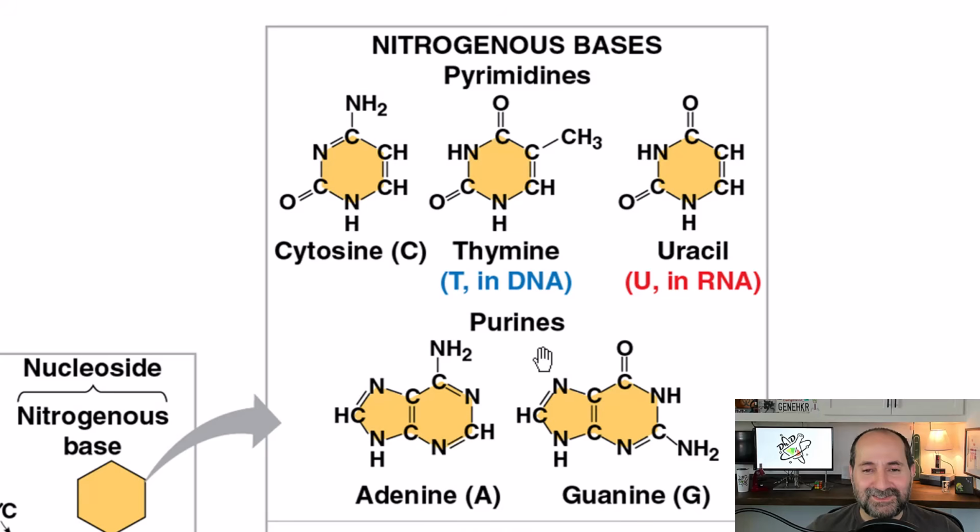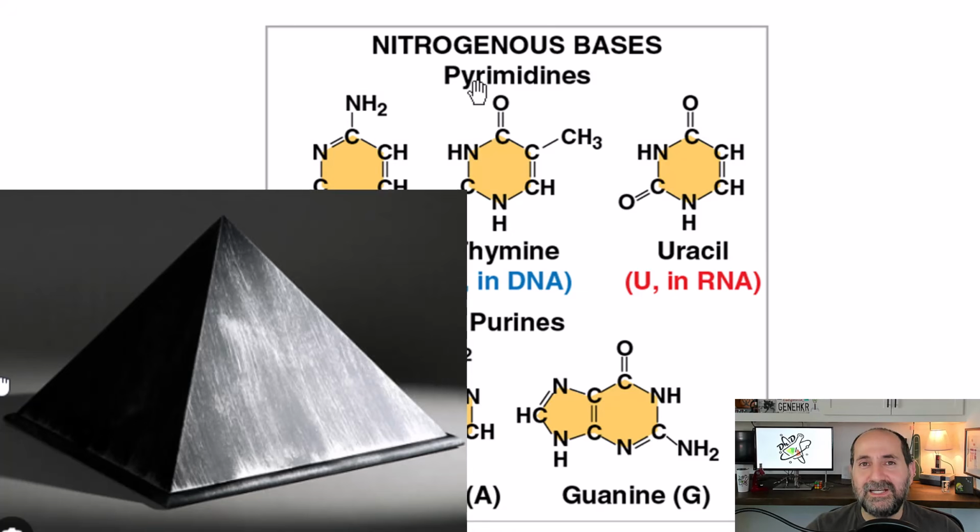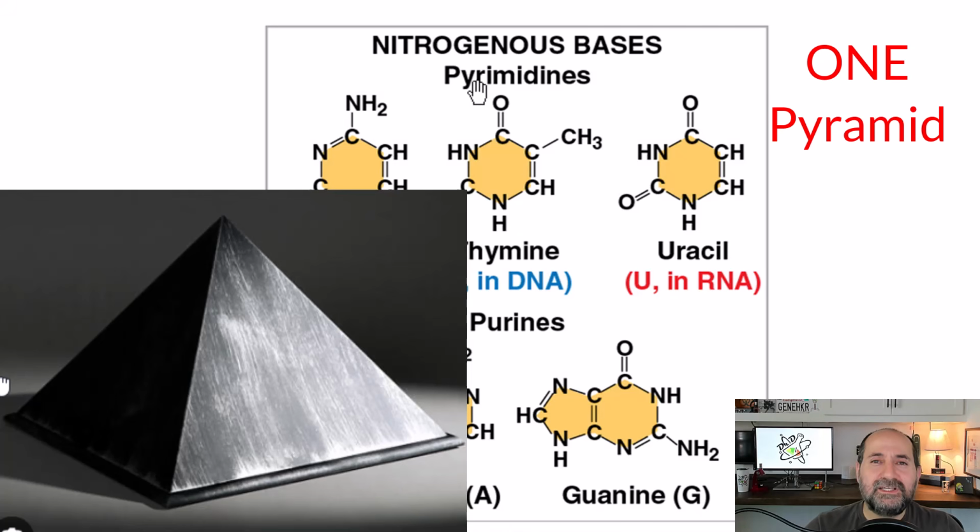So to remember this, I have this silly saying, think of a pyramid. Now, would you agree that pyramids have sharp edges, and would you agree that a single pyramid with its sharp edges could cut you? Okay, well, if you agree with all that, you should just remember that it takes a single pyramid to cut you. One pyramid can cut.